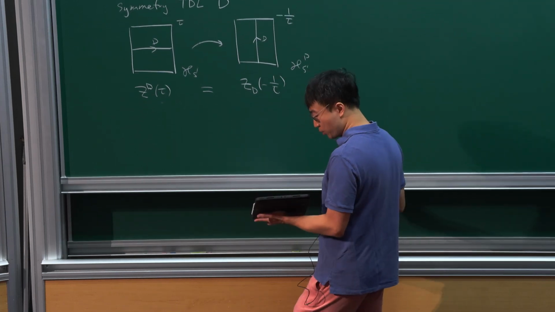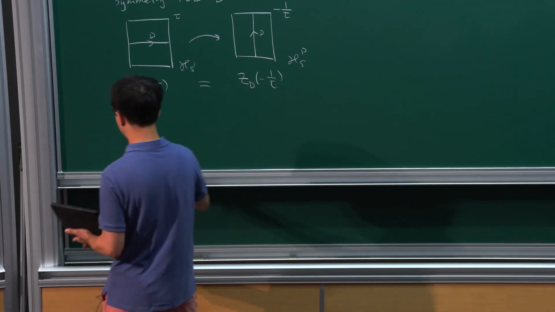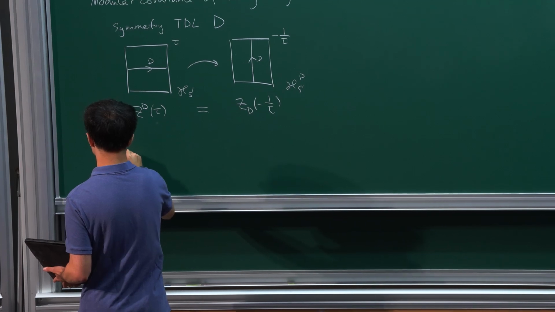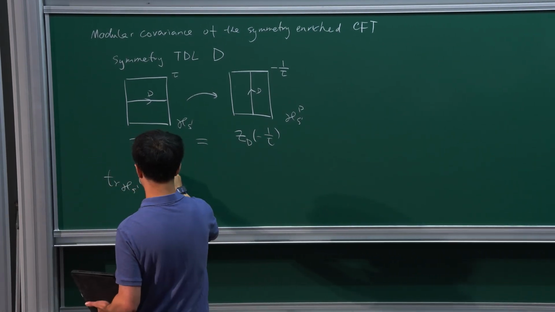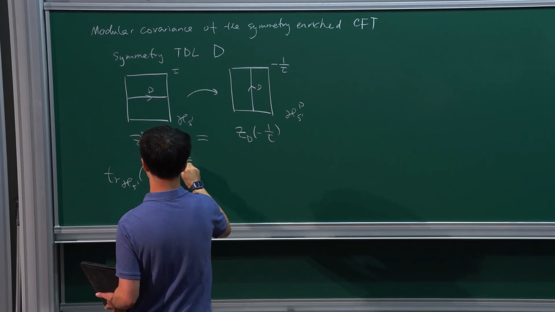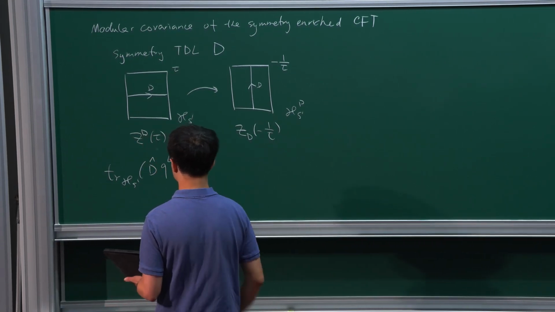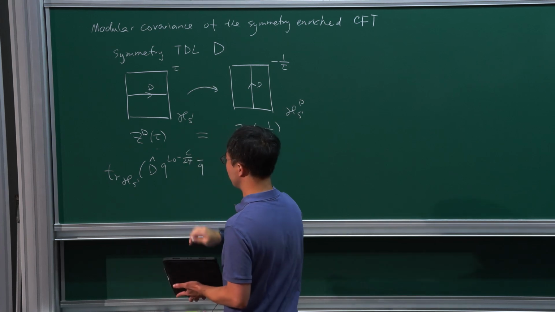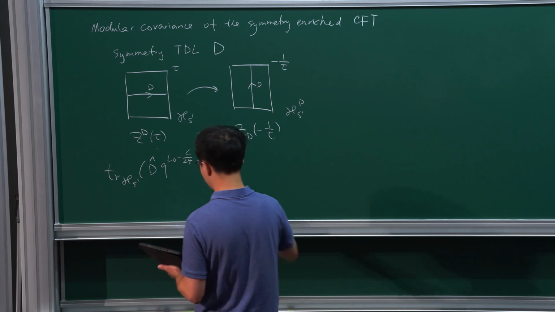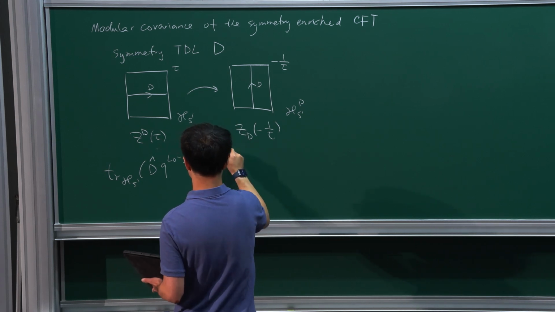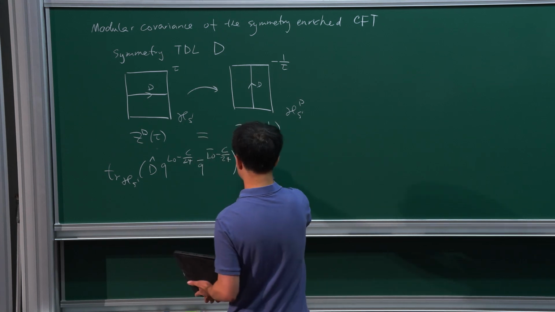And very explicitly, this leads to the following relation, that the trace over the original Hilbert space, including the defect action, weighted by the now familiar evolution parameter coming from the time evolution from the Hamiltonian, as well as the spatial shift from the translation operator, leads to the following relation.